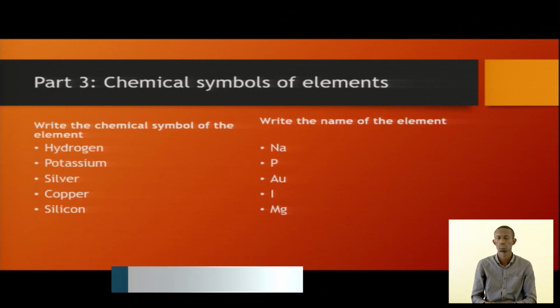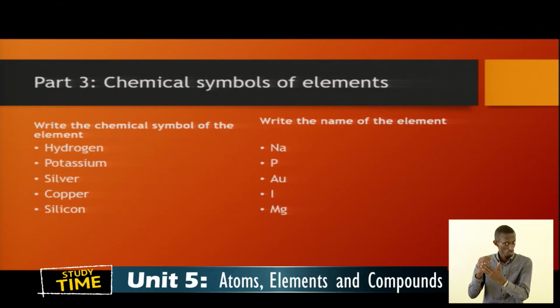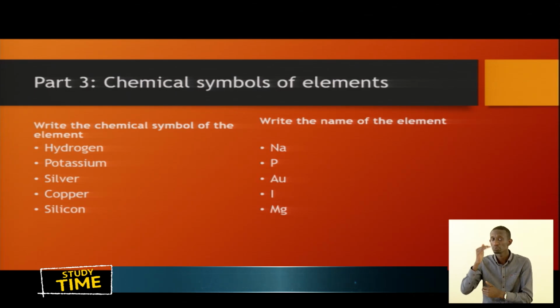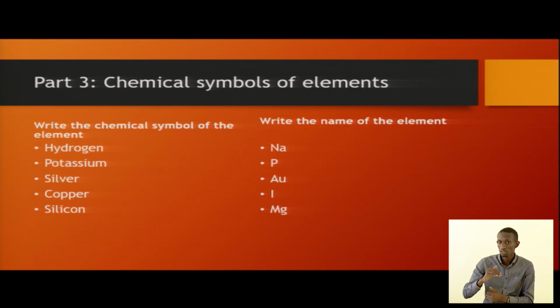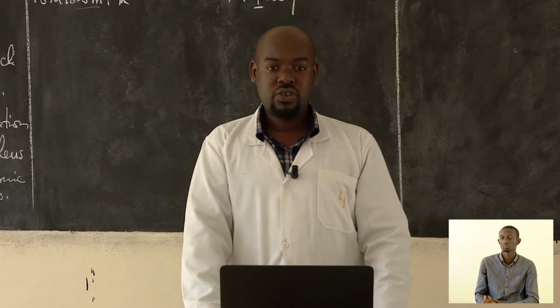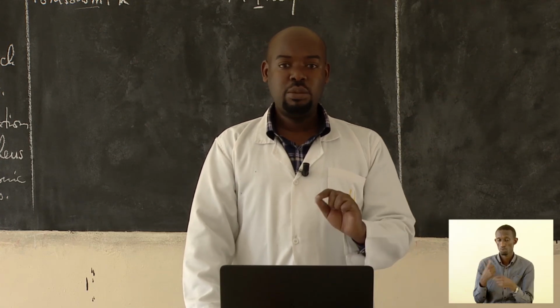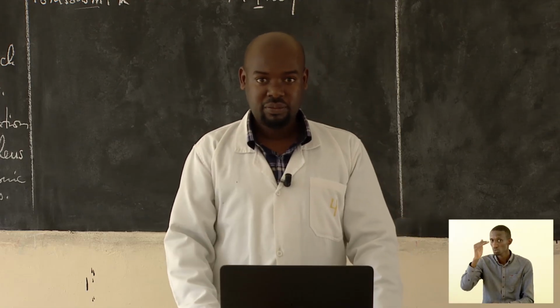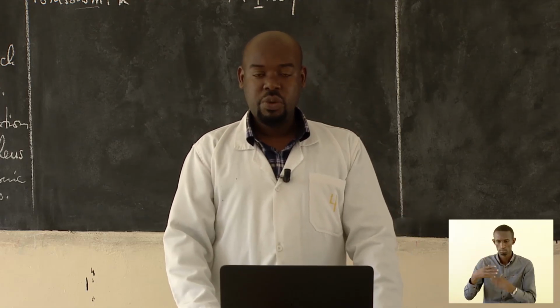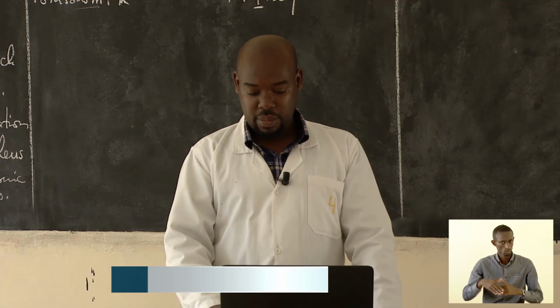And the 3 other elements we have are Au, I, and Mg. So you will deduce the names of those 3 elements from their chemical symbols. Au, I, and Mg. Note them down, please. And we go to the next slide.